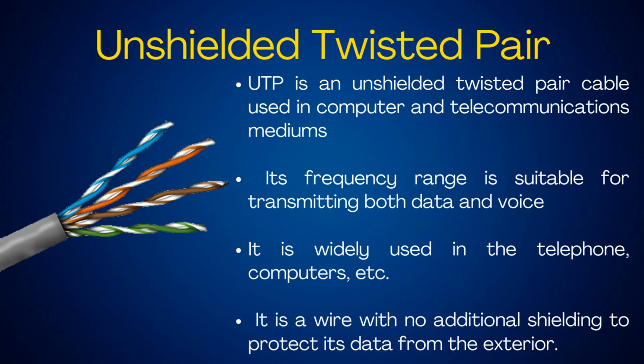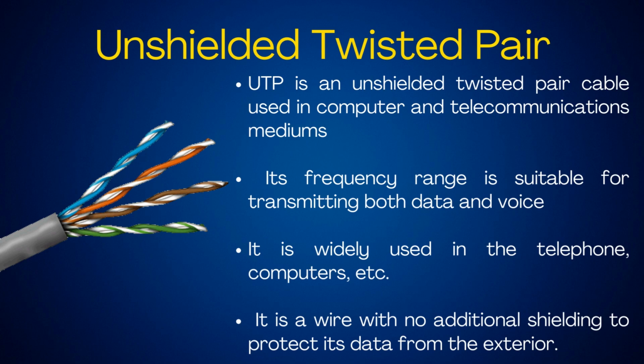Okay, the unshielded twisted pair, the UTP, is used in computer and telecommunication mediums. Its frequency range is suitable for transmitting both voice and data. It is widely used in telephones, computers, etc. It's a wire with no additional shielding to protect its data from the exterior.